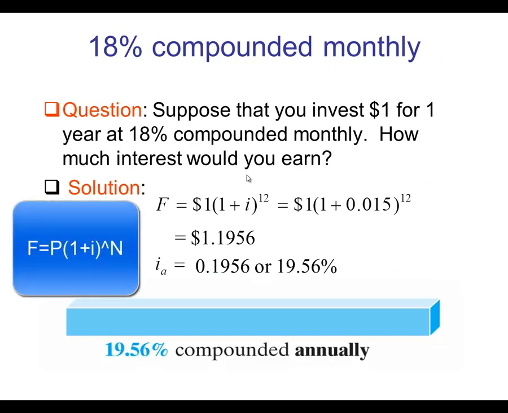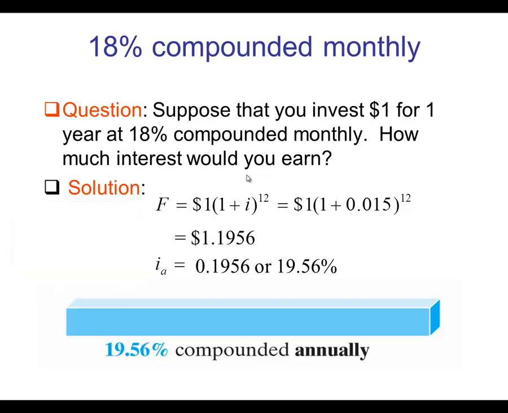Now let's go back to our famous equation to find the future value. Let's look at the future value of $1 invested in a bank account for 12 months. Now remember that the principal here is $1. The interest rate is 1.5% per period, per month, and I have 12 periods. So n is equal to 12.